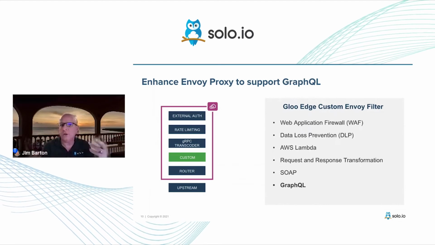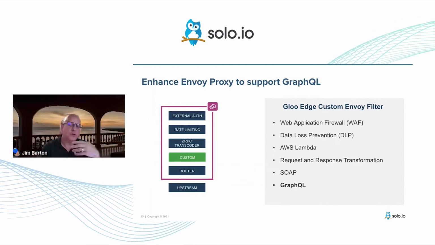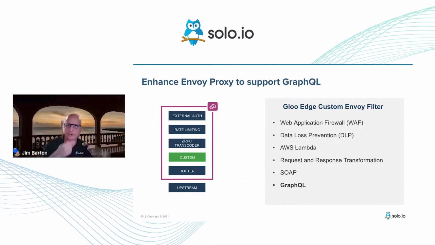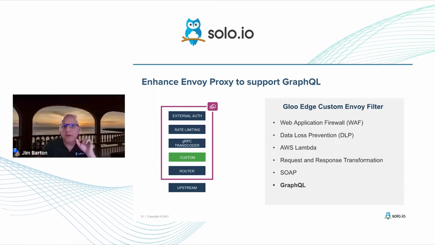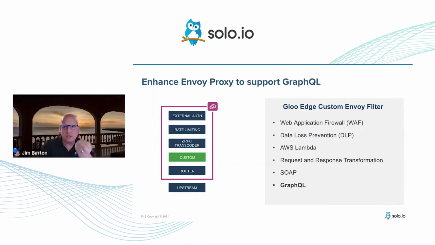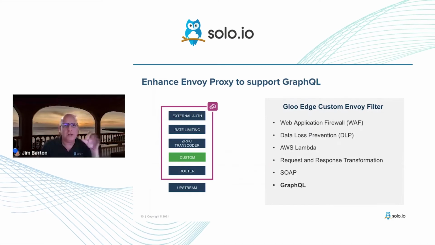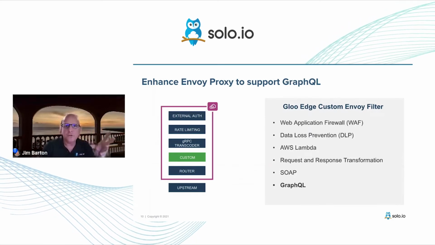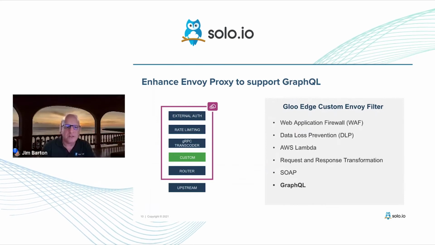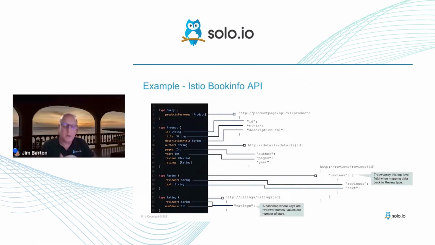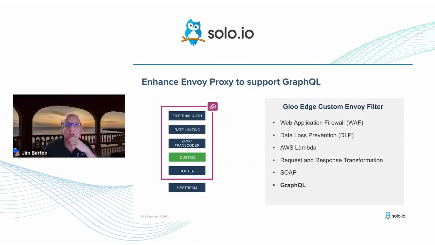And so at Solo, we've written a number of filters, and we give you API configuration that you can use to activate and configure those filters. And so one of the things we have done here is we have built a GraphQL filter. It basically is a GraphQL server that acts as a filter in an Envoy filter chain and allows you to serve those requests directly out of the Envoy proxy. And so that's the bottom line of what's going on here, that architecture.